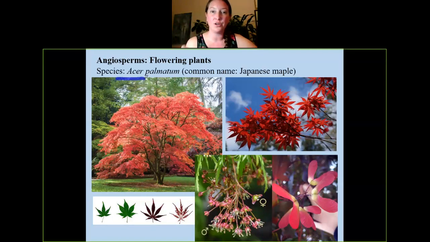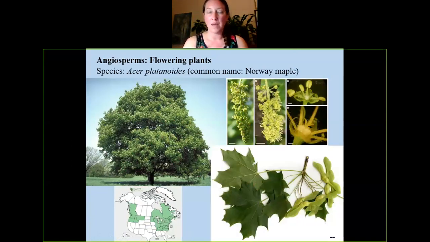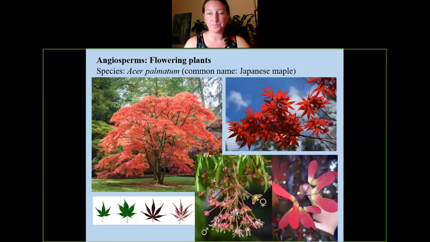The genus Acer is the same for all the maples because the genus Acer refers to the maples. So if you're a maple tree, the first part of your species name, your genus part, will always be Acer. We can see that here: Japanese maple, Acer palmatum; Norway maple, Acer platanoides. So Acer, Acer, both maples.